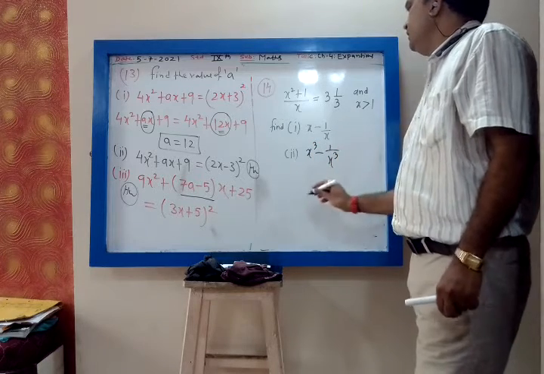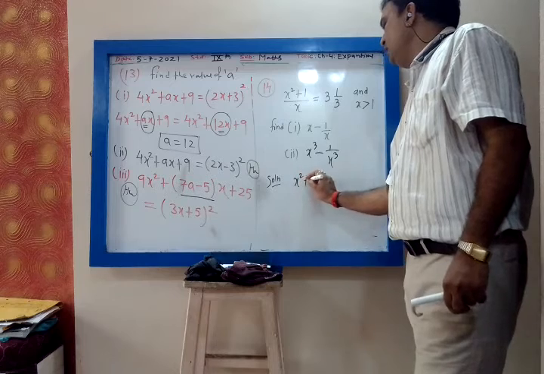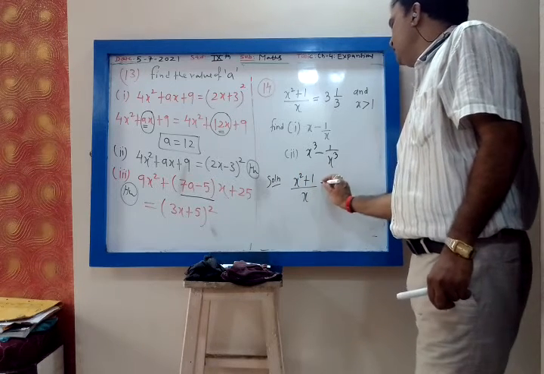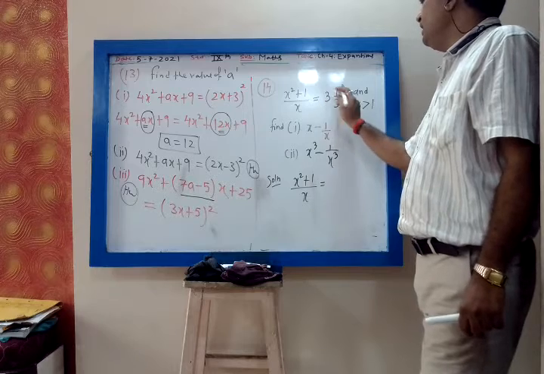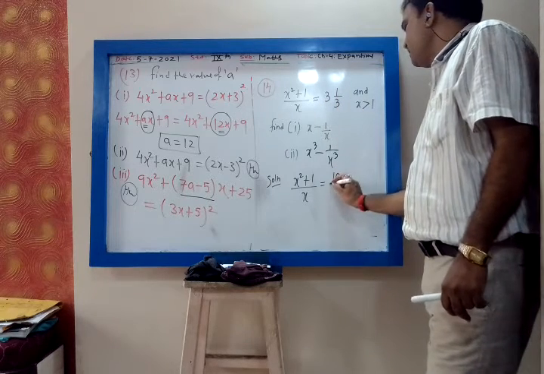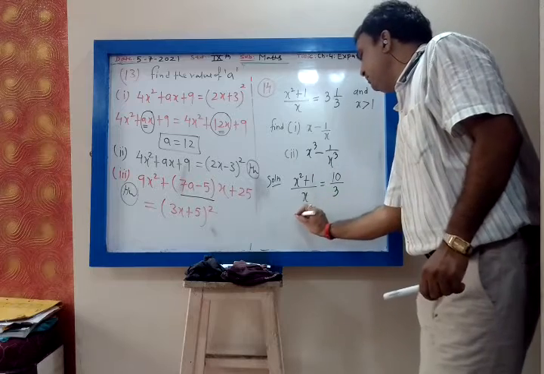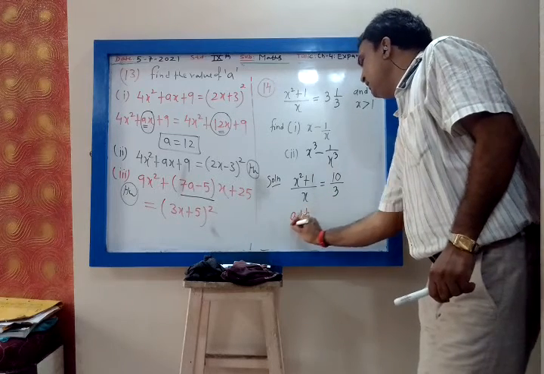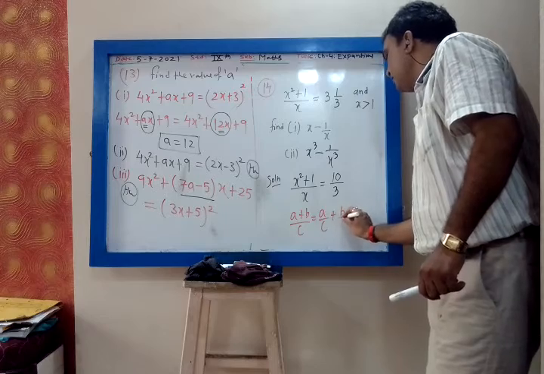Okay, so let us solve this. x square plus 1 upon x is given 3 1 by 3. What is 3 1 by 3? 3 threes are 9, 9 plus 1, 10 by 3. Now on the left hand side, a plus b divided by c I can write as a by c plus b by c. This you remember.